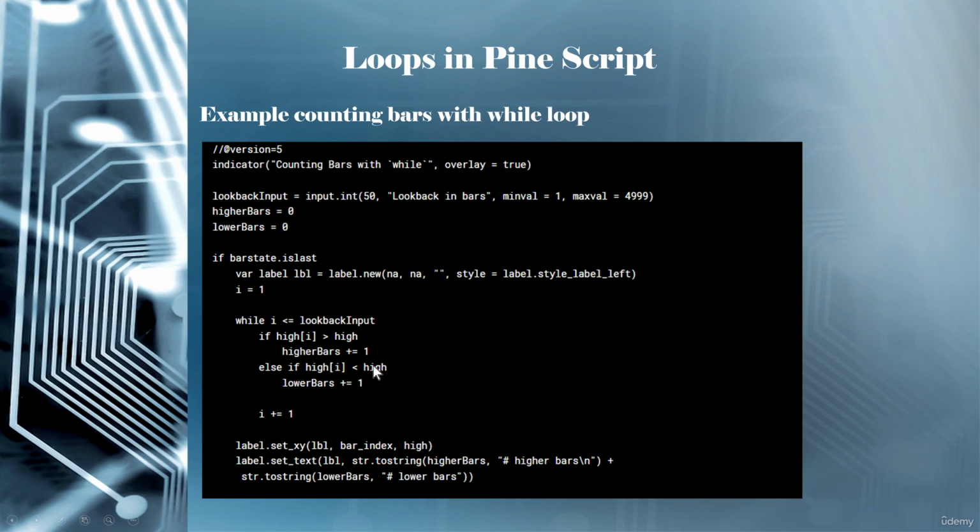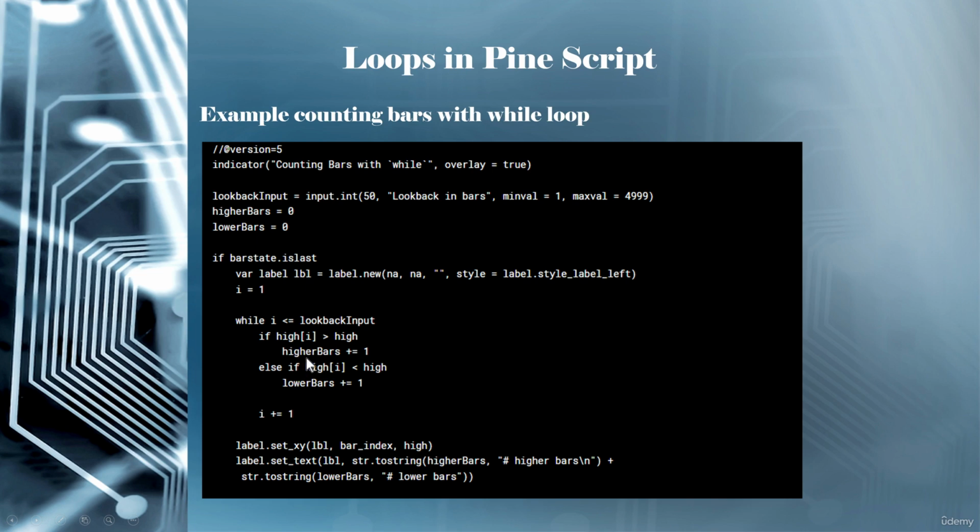In this case, we set the default number of bars to 50, and we calculate the number of bars which are higher than the current high for the last 50 bars if we use default values.